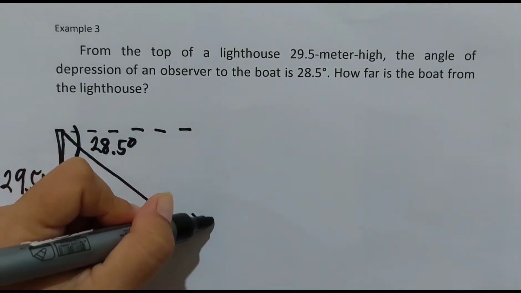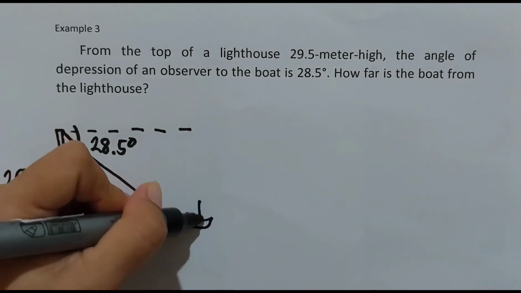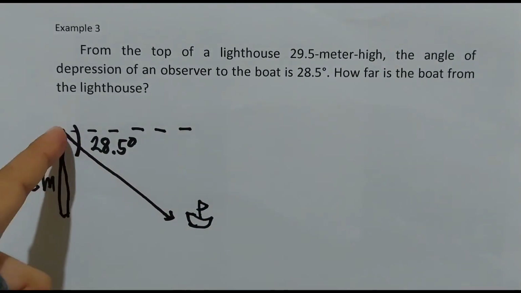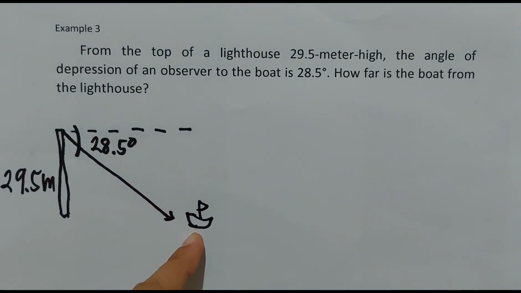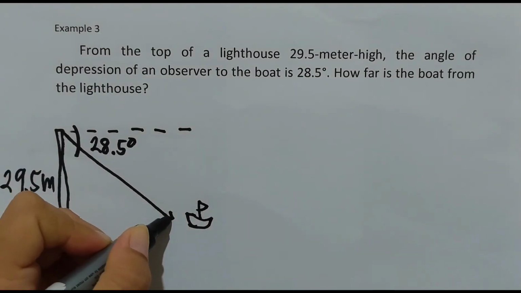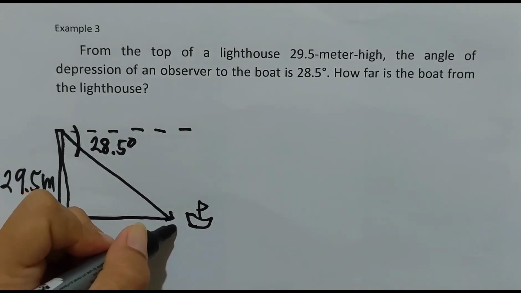So, here is the boat, the observer at the top of the lighthouse looks at the boat, so that is 28.5 degrees. And the question is, how far is the boat from the lighthouse? This is what is being asked.